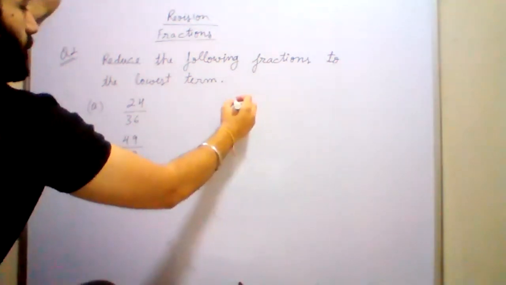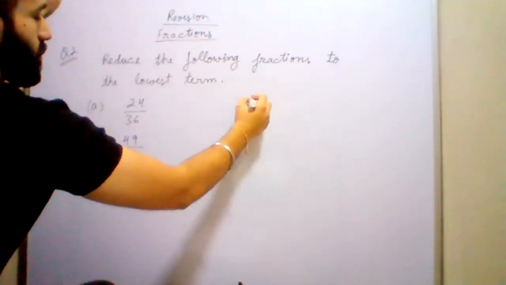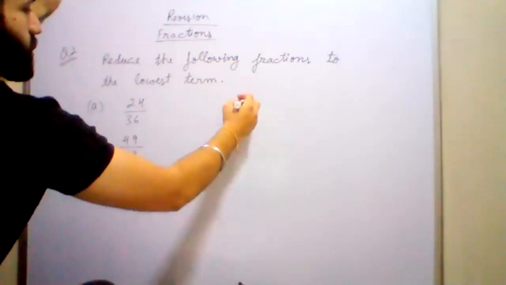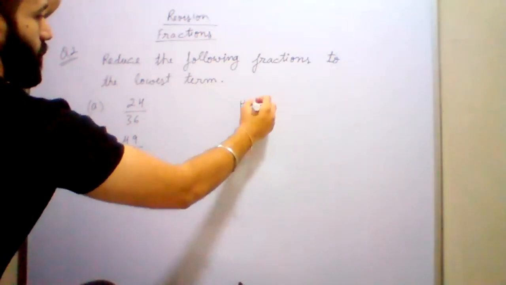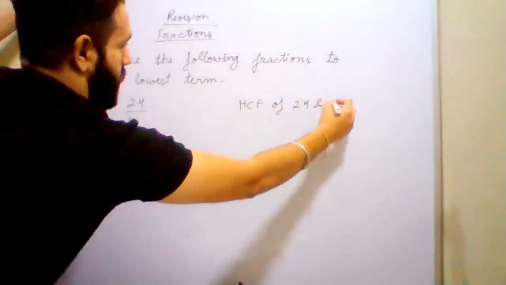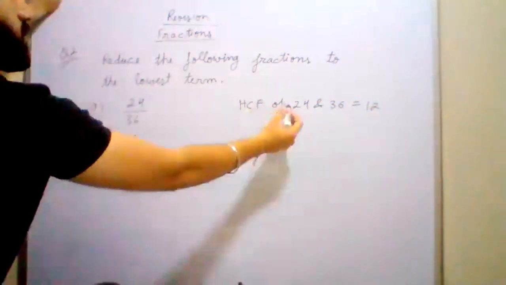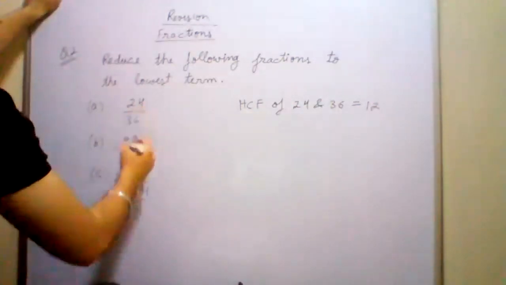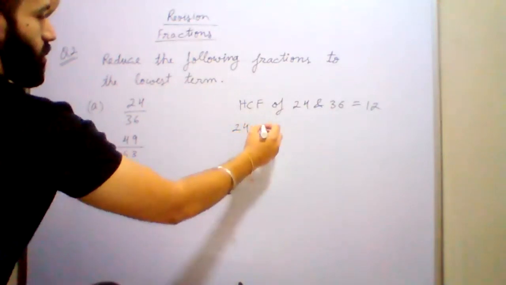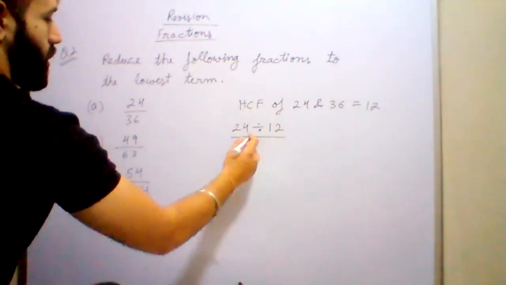First, you find out the HCF of 24 and 36. Do you all know how to find the HCF? Yes, sir. I'm not finding the HCF here. You all need to find the HCF on your own. HCF of 24 and 36 is equal to 12. First you find the HCF and then you divide the numerator by 12 and the denominator also by 12.